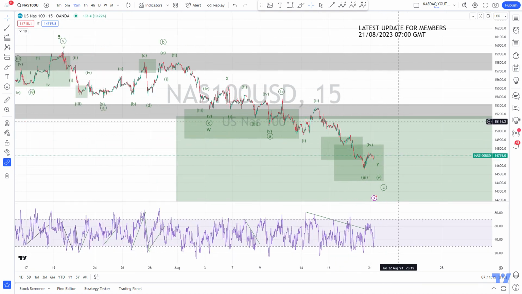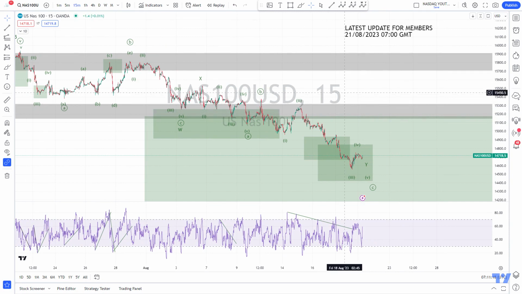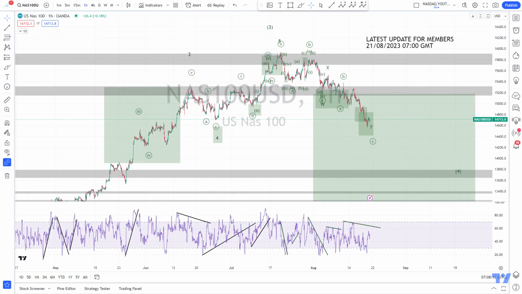So then I would also like this has to be a wave C. And for now, I do not see any divergence, so it just looks like this wave C is not finished yet.